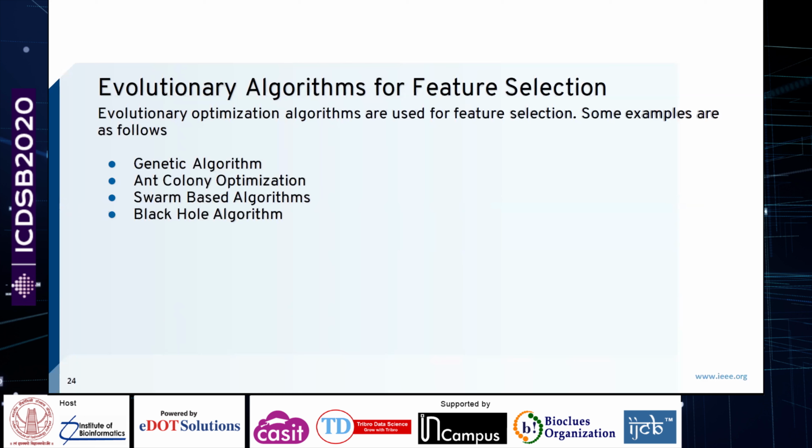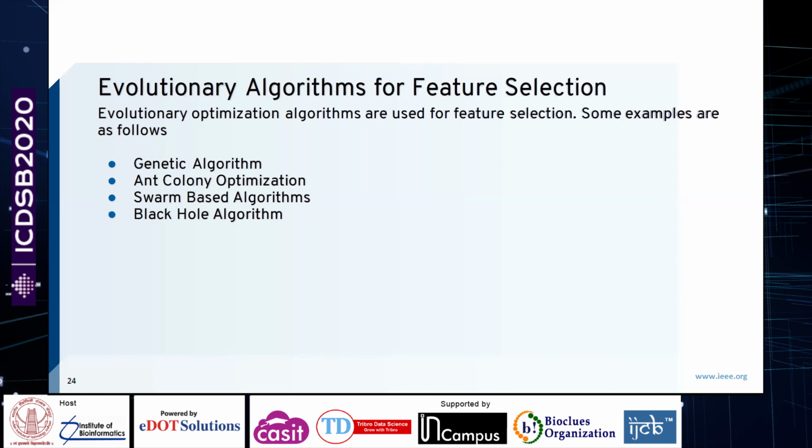Sometimes the derivatives may not exist, or it may be difficult to compute. Evolutionary algorithms are inspired by nature and do not use any derivative information. They are very simple to use, but they provide rigorous information.